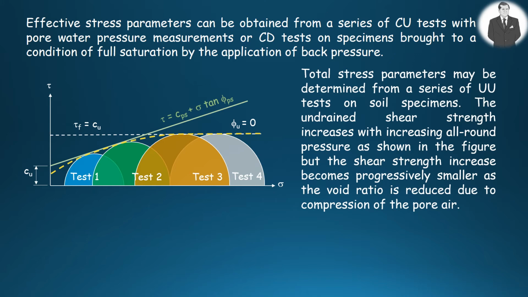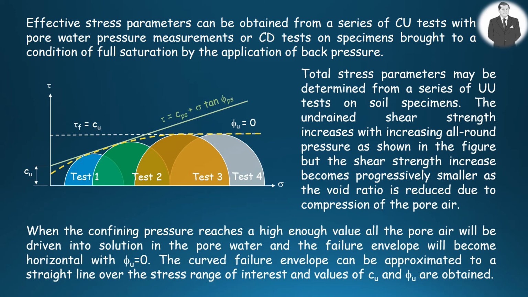The undrained shear strength increases with increasing confining pressure, as you see in the figure. But the shear strength increase becomes progressively smaller as the void ratio is reduced due to compression of pore air. Follow the dashed line in yellow and you understand what I mean.